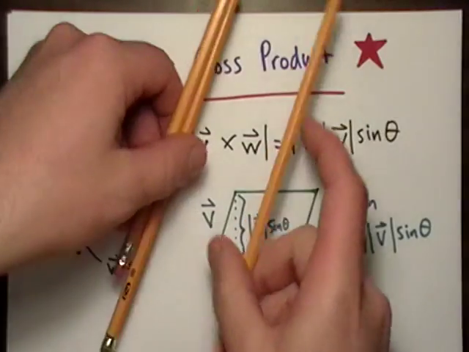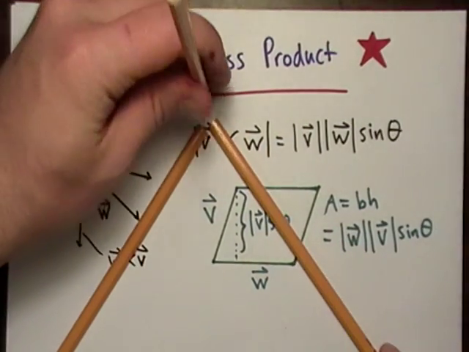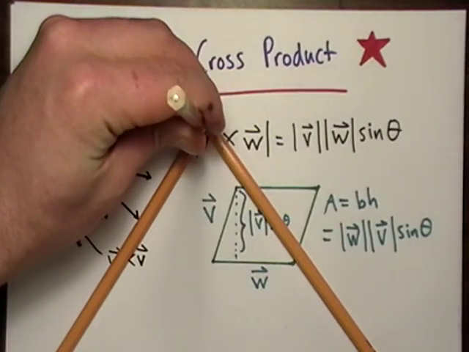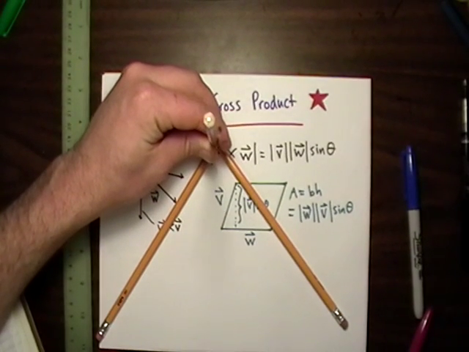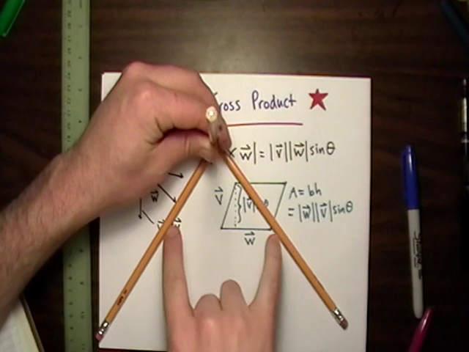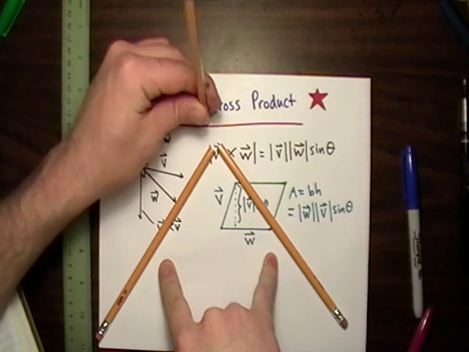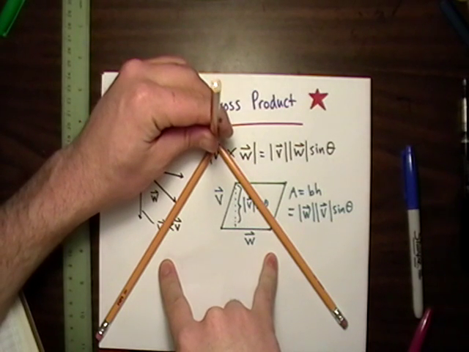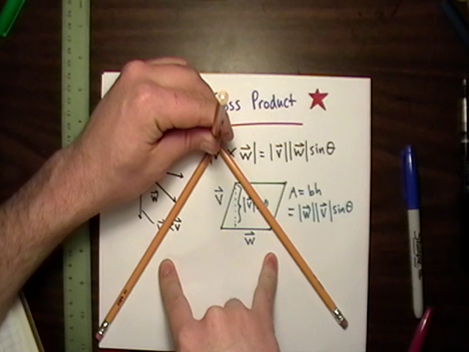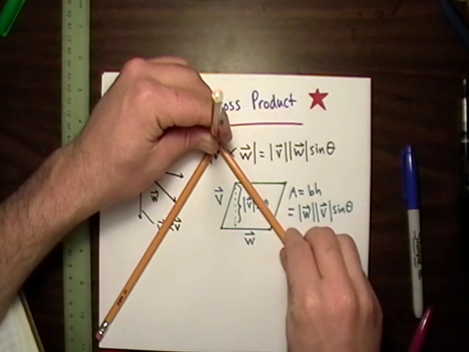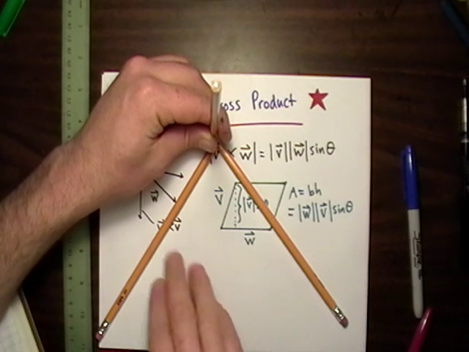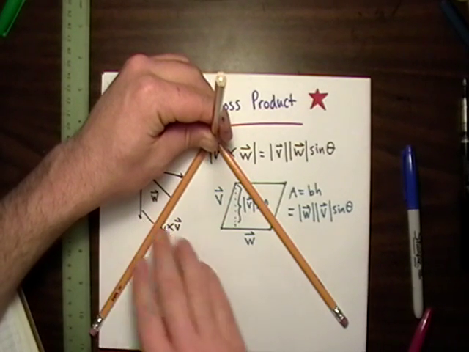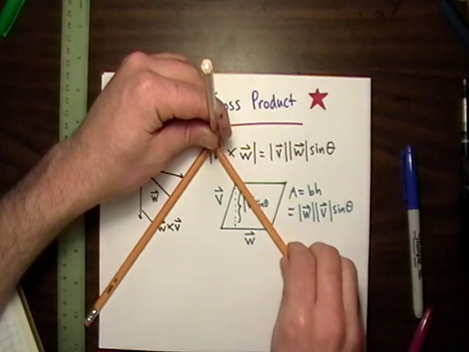Visually, I wish I had something better to work with, but here are some pencils. This pencil right here is the cross product of these two pencils, okay? And this vector here is the cross product of these two pencils. And this pencil right here is the cross product of these two pencils.